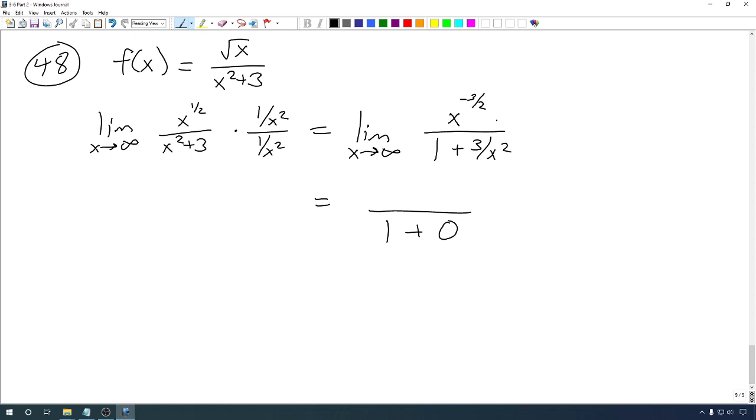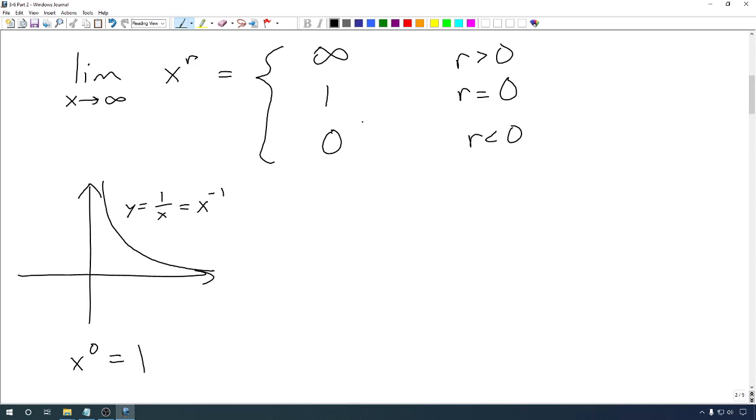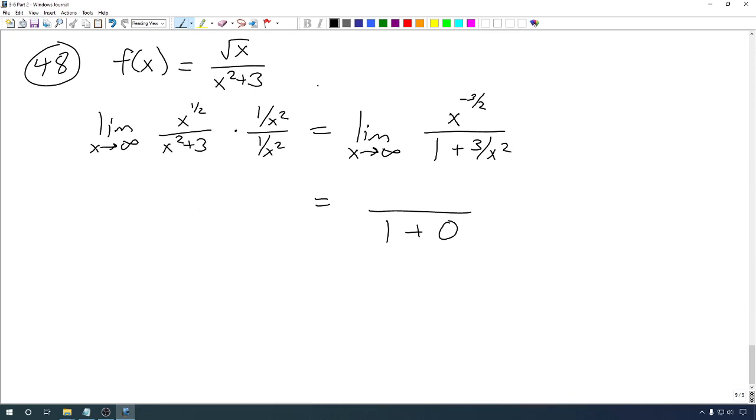What is x to the negative 3/2? Where does that go? Well, our power here is a negative. That means x to a negative power ends up going to 0 as x goes to infinity. That was one of our rules back here. So if r is negative 3/2, then r is a negative, and our limit is a 0. So this top goes to 0 as well. So 0 over 1 is 0. This limit is in fact 0.